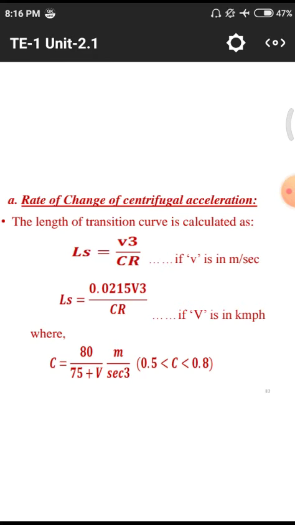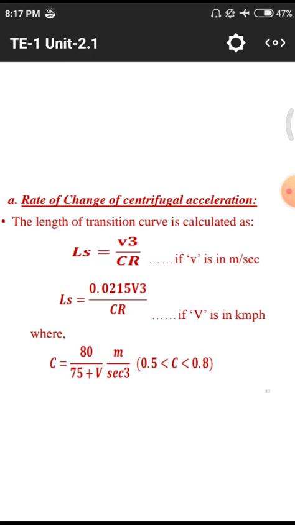What is the standard length of the curve with respect to velocity? In the above equation we have the value C, which depends on the formula 80 by 75 plus V, where V is the velocity. By using that velocity, we find the value of C. After calculating C, we substitute it in the above formula, where R is the radius of the particular curve.